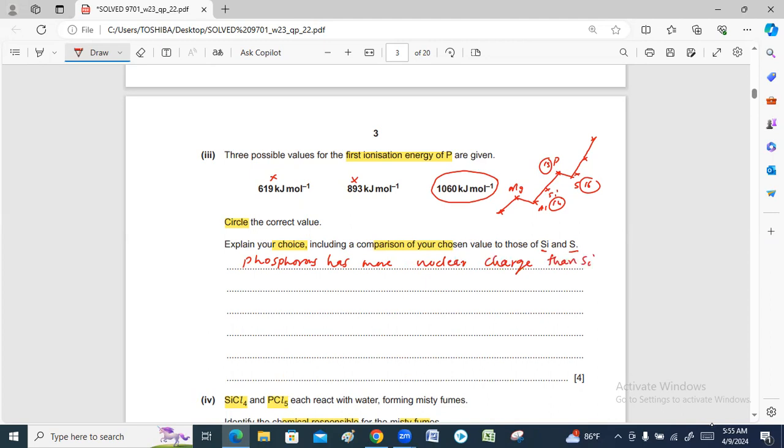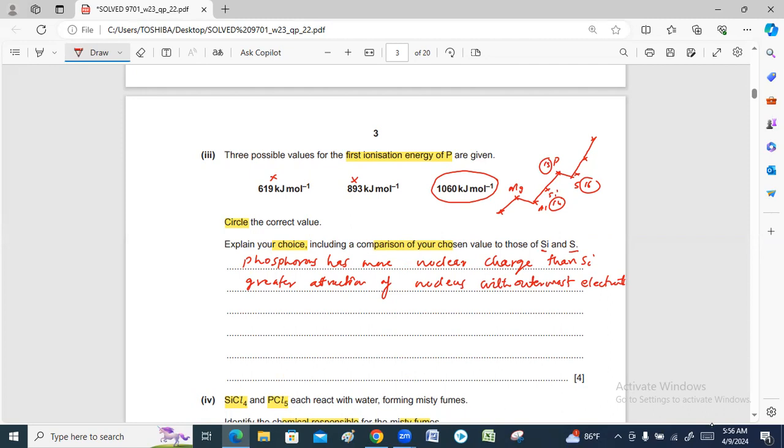This is the first point. If it has more nuclear charge than silicon, definitely it must show greater attraction of the nucleus for the outermost electrons. So that's why the ionization energy of phosphorus is higher than silicon, because more energy is needed to remove the outermost electron.